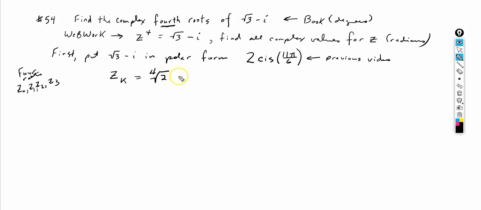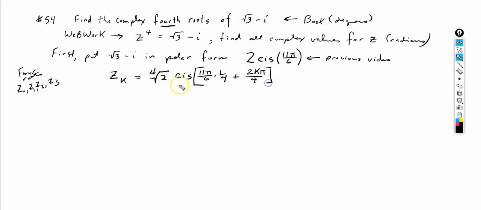And then we're going to multiply it by the cis of the angle divided by 4. But remember, dividing by 4 is the same thing as multiplying by 1/4. And then we're going to add 2k pi, and again, since we're having fourth roots, we'll divide by 4.